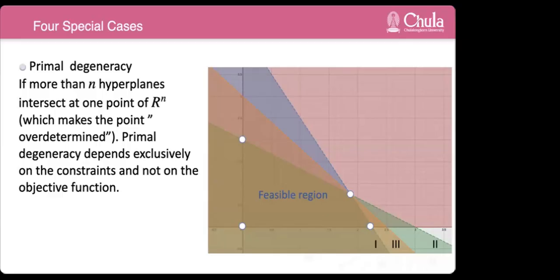Okay. So now we have learned how to solve linear programming using the graphical method. The graphical method is quite intuitive, right? But what is the main limitation of using the graphical method?